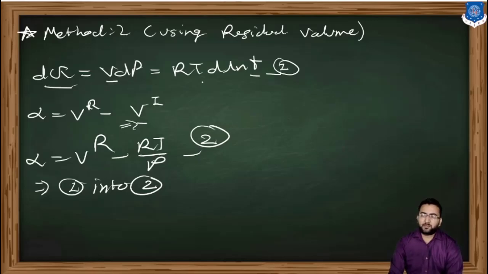Taking V as the subject, we write RT d ln f upon dP, so we replace the real V with equation number 1.